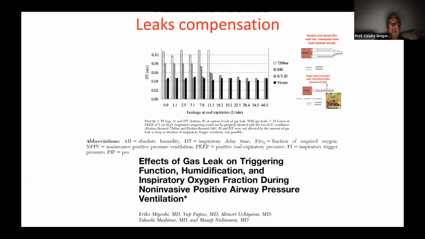But it was clearly demonstrated that when comparing the sophisticated 840 ventilator or the old Puritan Bennett 7200 to a very simple BiPAP, which at the time was without NIV leak compensation, the trigger delay was much better in the vented configuration compared to the double circuit. I repeat, time passed by, but it's not all.